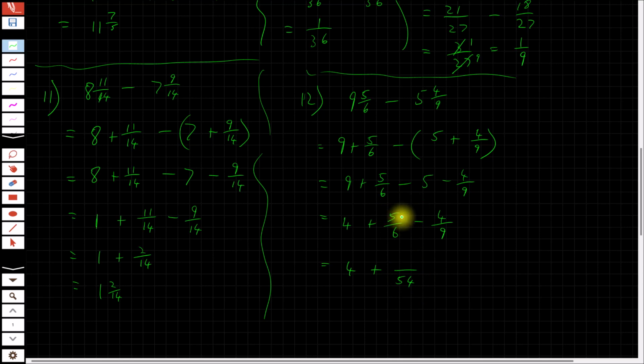9 times 5 is 45. And 54 here as well. What do we multiply the 9 by to get the 54? We multiplied it by 6. So 6 times 4 is 24.